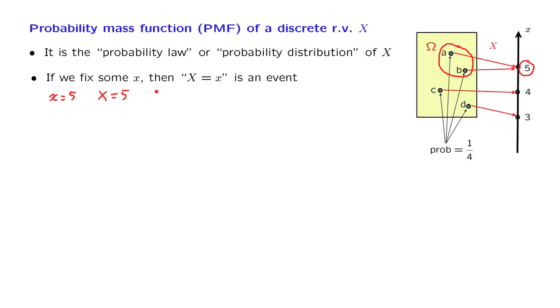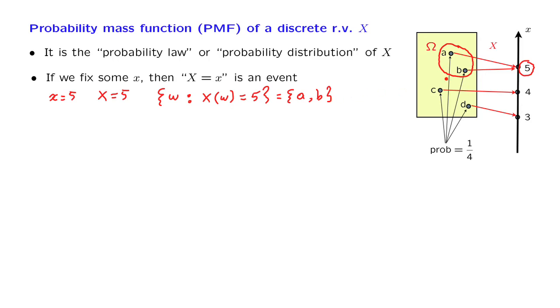More formally, the event that we're talking about is the set of all outcomes for which the numerical value of our random variable, which is a function of the outcome, happens to be equal to 5. And in this example, it is a set consisting of two elements.